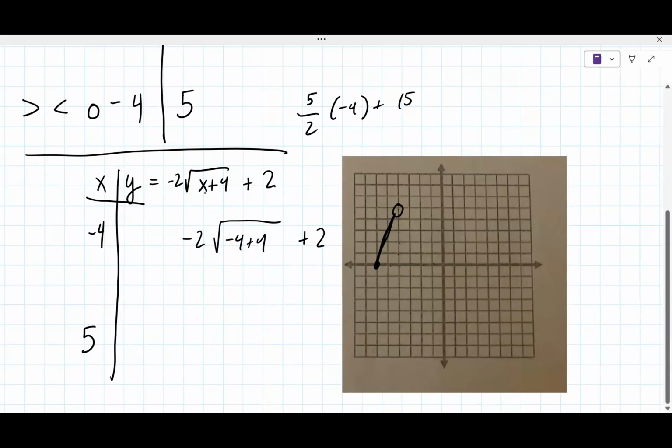It is 2. Now do the same thing for 5. -2 square root 5 plus 4 plus 2.